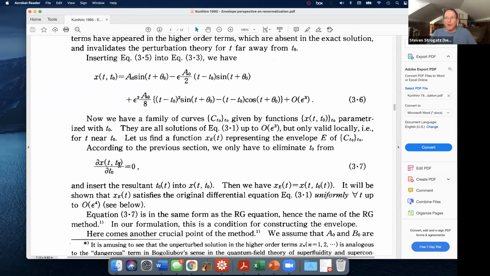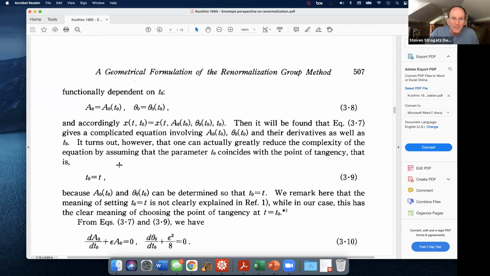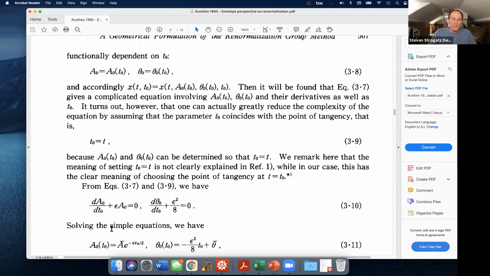And that will knock out a lot of terms. And so what you end up with is just equations for these quantities like A0 and theta 0. These come out to be the resulting differential equations, which you'll recognize are basically the counterparts of the slow time equations in the method of multiple scales.